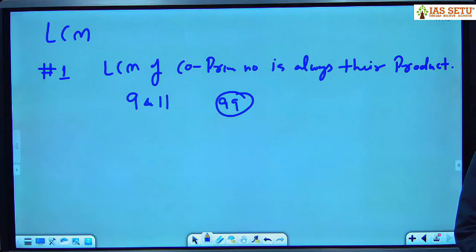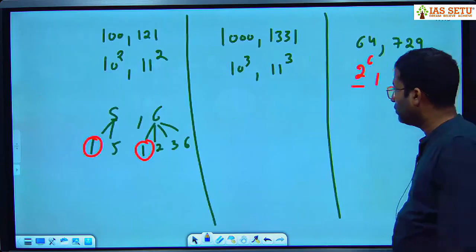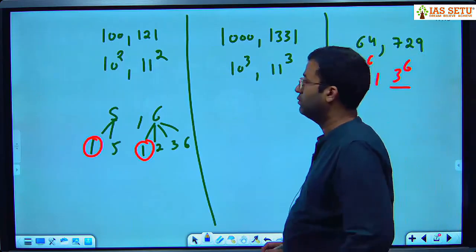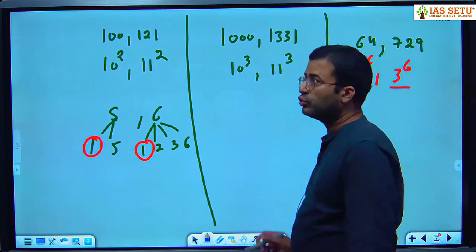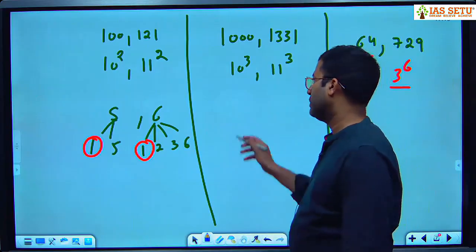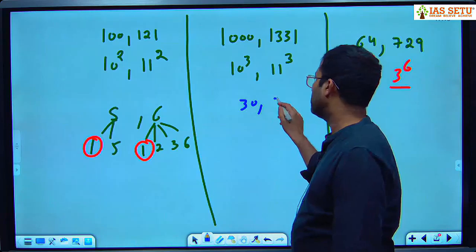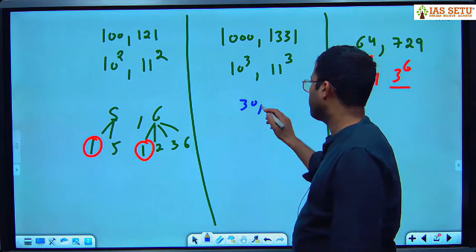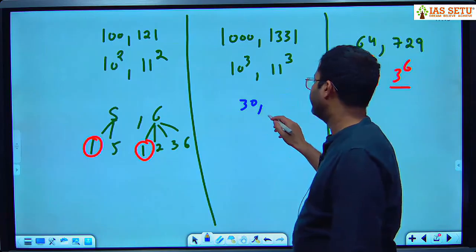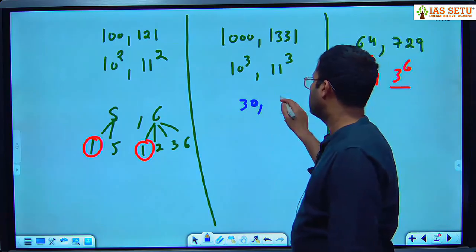But if non perfect square and non perfect cube numbers are asked, तो उसमें तो चेक करना पड़ेगा ना. मान लो आपसे पूछ लिया कि 30 and 63.